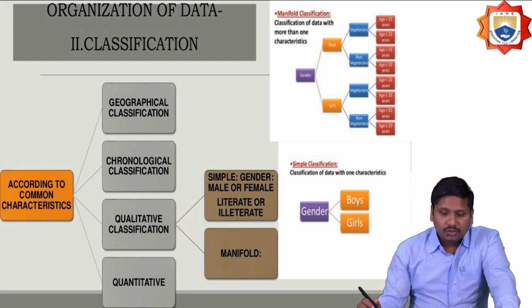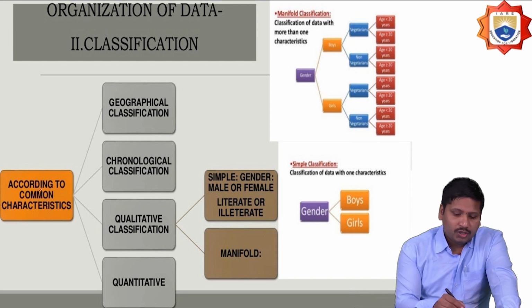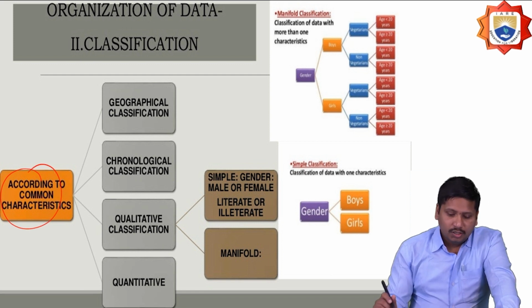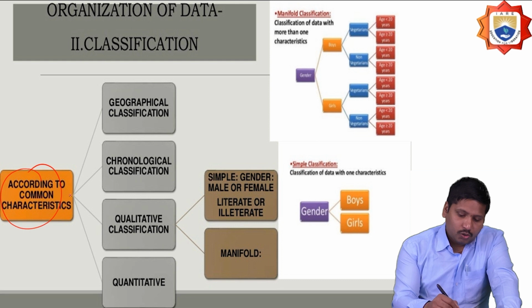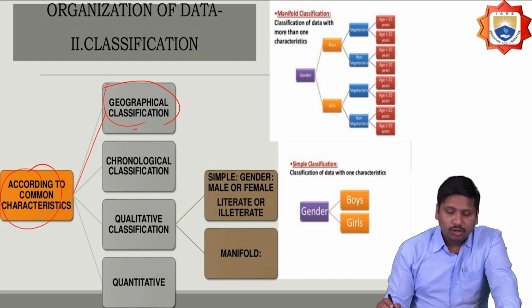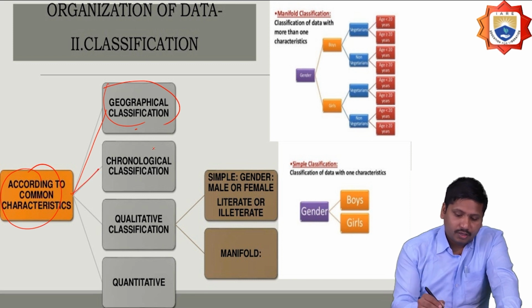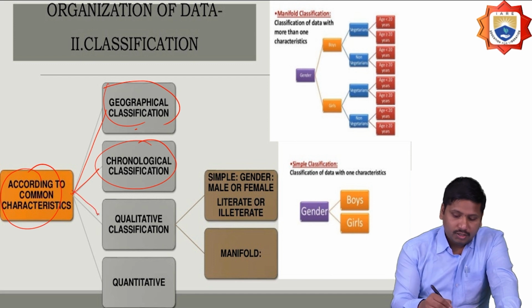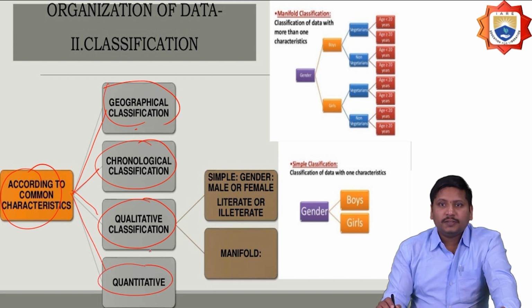If I make a classification according to the characteristics, there may be a geographical classification, a chronological classification, a qualitative classification, and the next one is quantitative classification.